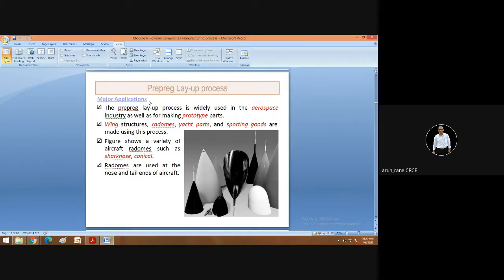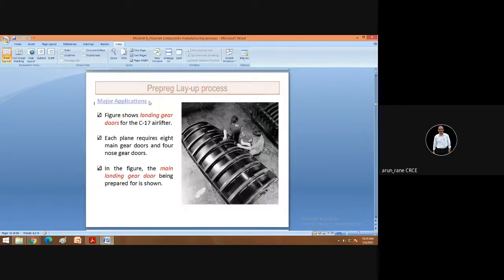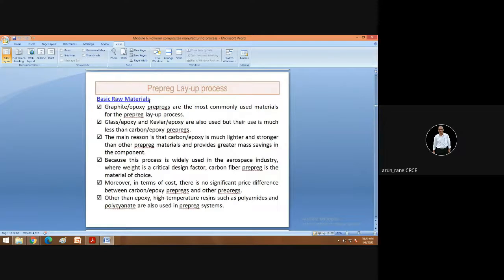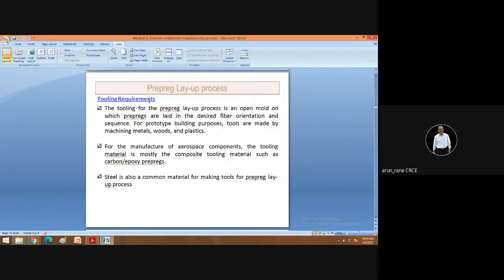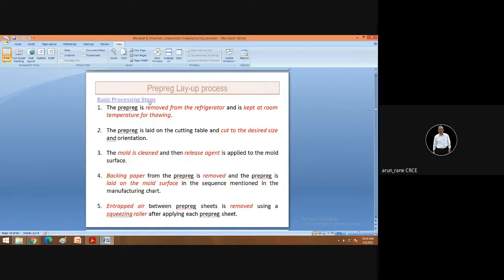This is mainly used in manufacturing aeroplane parts, aerospace parts. Again, the raw material is epoxy, that is thermoset.